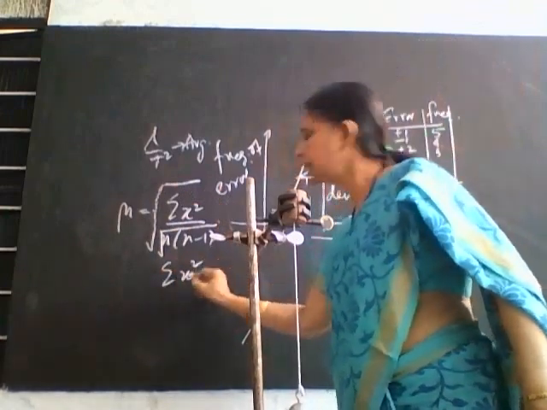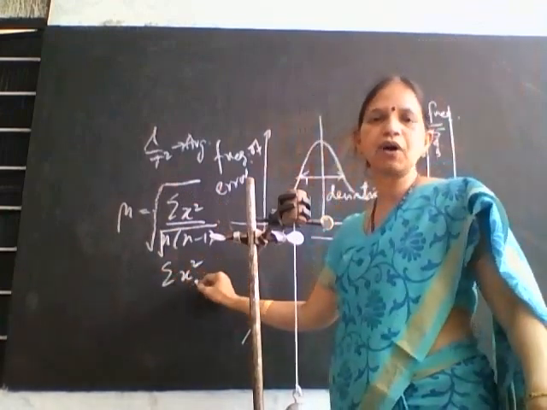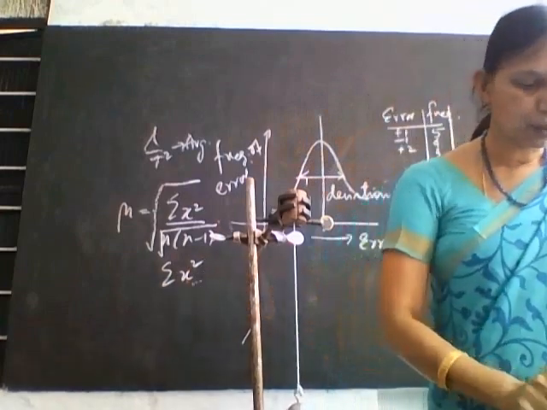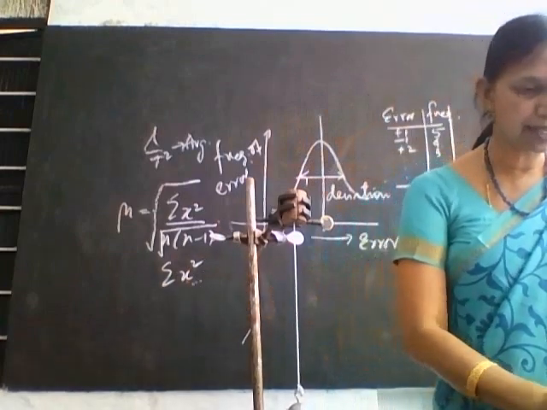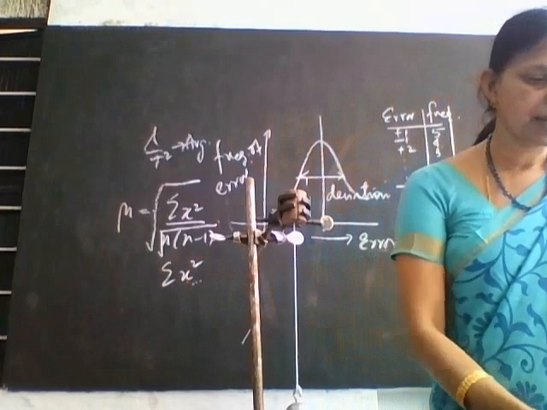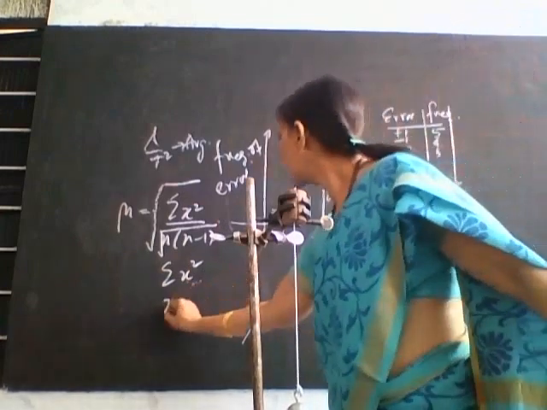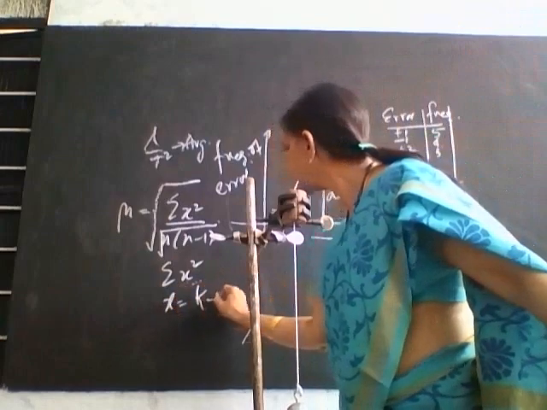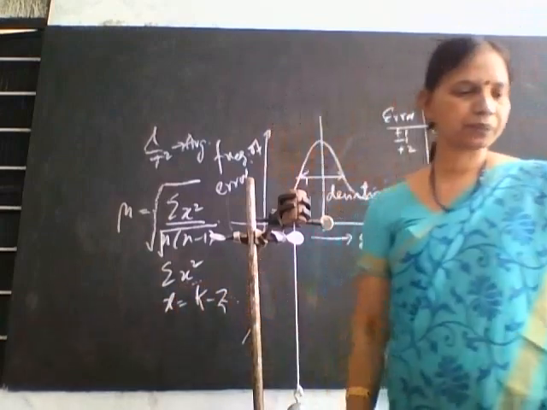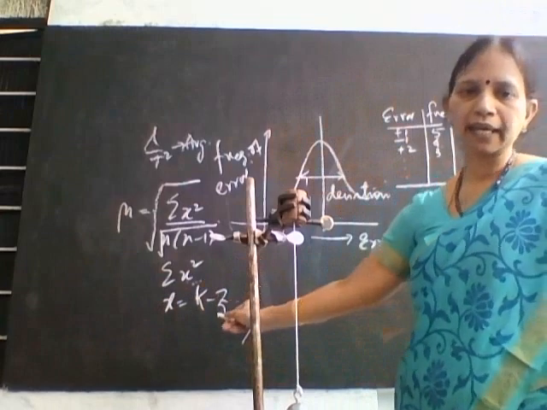Summation x square is the sum of all x square terms. What is x? x is calculated by the formula x is equal to k minus z. Where what is k?